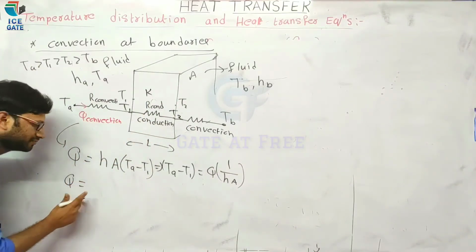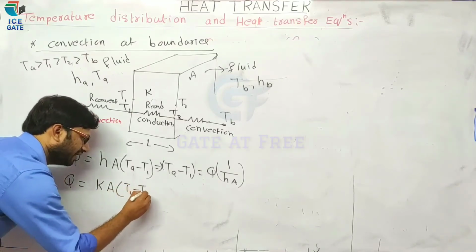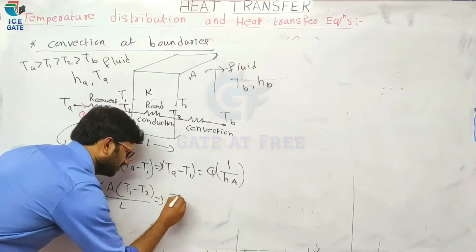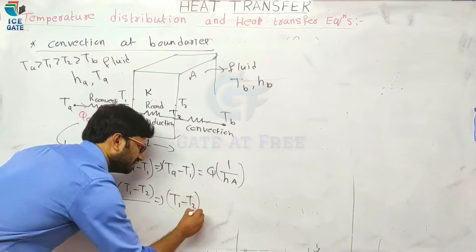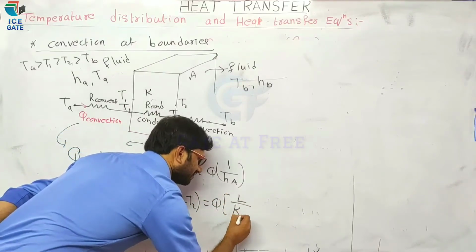Q is equal to K A (T1 minus T2) divided by L. Now T1 minus T2 can be written as Q into L by KA.